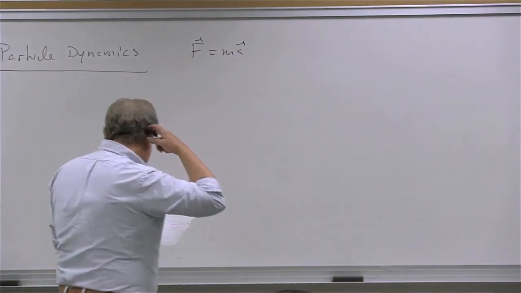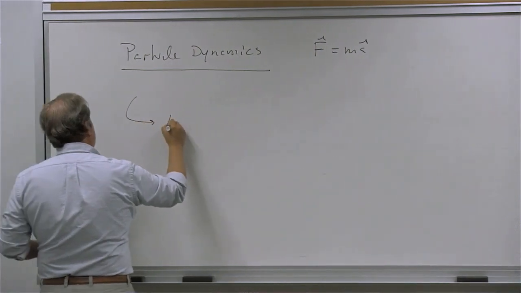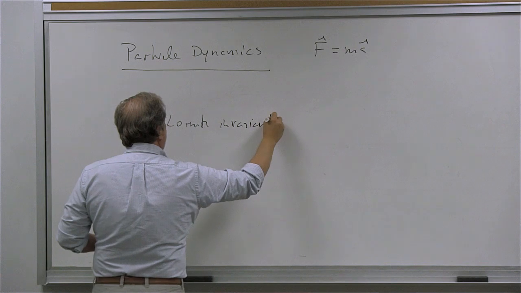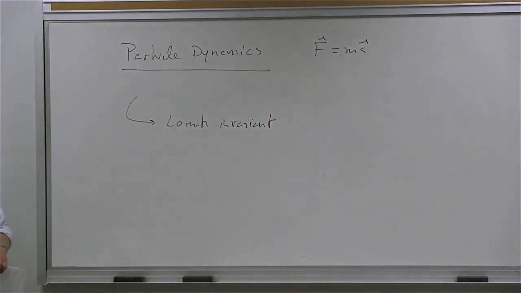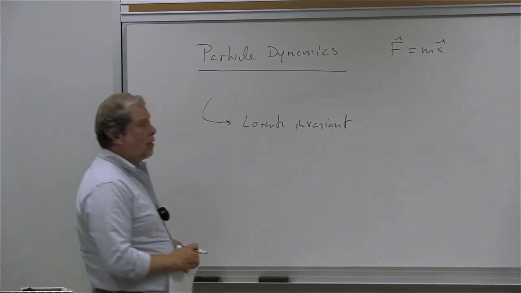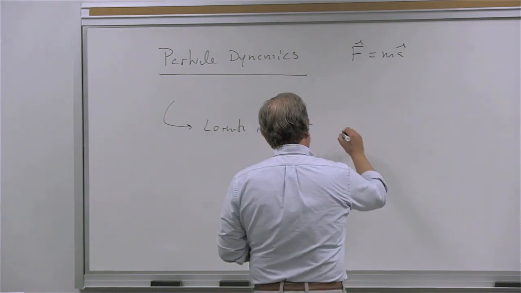Now we want to generalize this to something that is Lorentz invariant in some way. In fact, it would be Lorentz covariant, but let's not quibble about details in this case. And so it means that we have to formulate it in terms of 4-vectors.